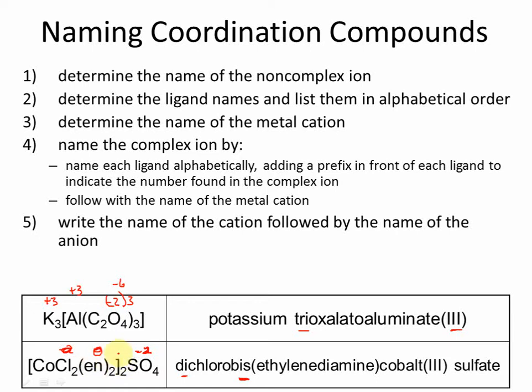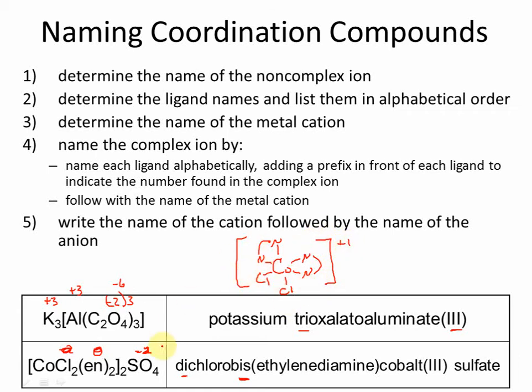So cobalt, one amine, two amine, and a chloride, and a chloride. So this whole thing has to have a +1 charge, and there are two of these complexes, as denoted by the subscript here.